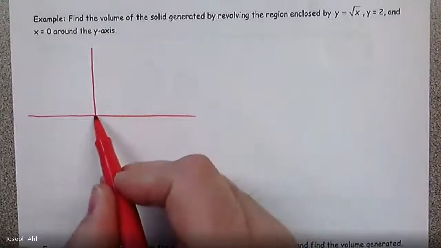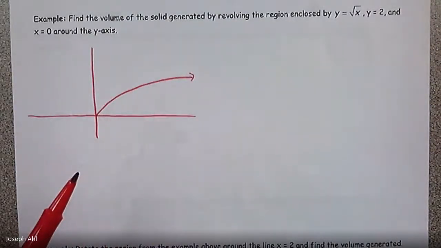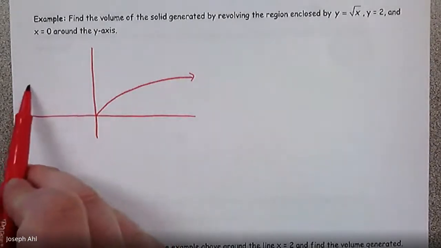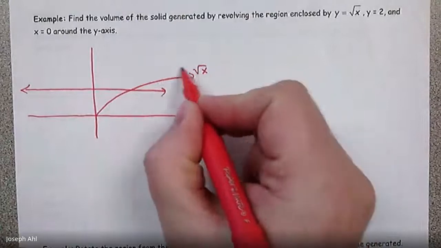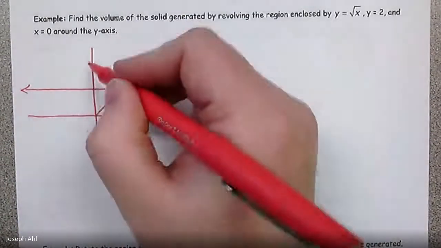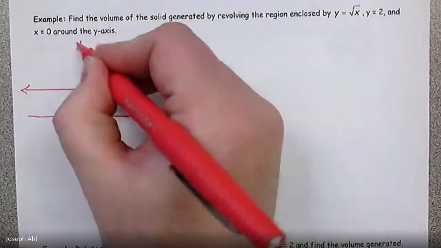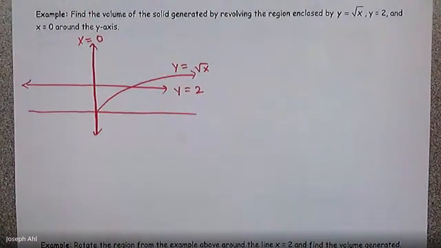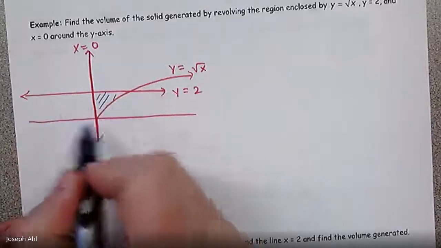Okay, so y equals radical x looks like this, right? And then we've got the line y equals 2, which might be something like this. So here's radical x, here's y equals 2, and the line x equals 0 is the y-axis right here. What I want to do is take this region right here and spin it around the y-axis.